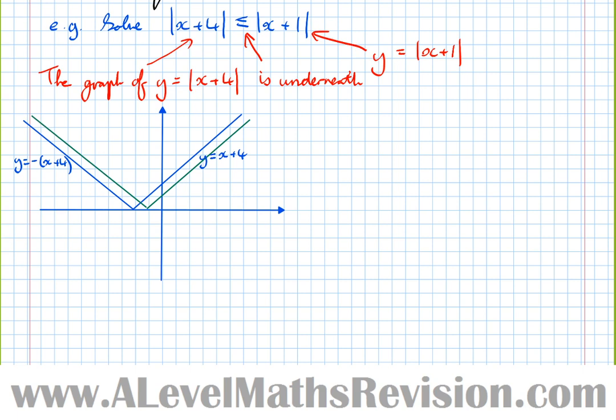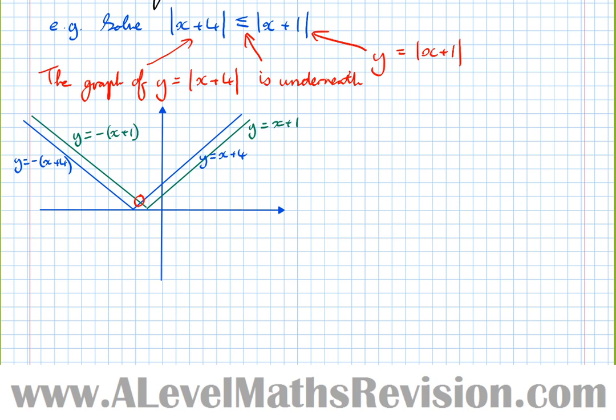So here I've got y equals x plus 1, and the reflected part y equals minus x plus 1. And we see the point of intersection is here.